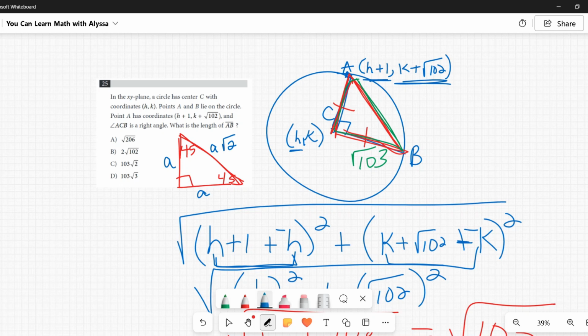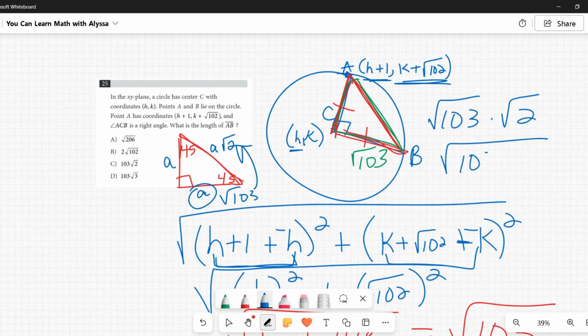Save yourself the pain. So I know now the square root of 103 is my a. To find the hypotenuse, I just multiply that by the square root of 2. So the square root of 103 times the square root of 2. You just put those both under the same radical: the square root of 103 times 2. So the square root of 206. That's it. The square root of 206 is your answer.